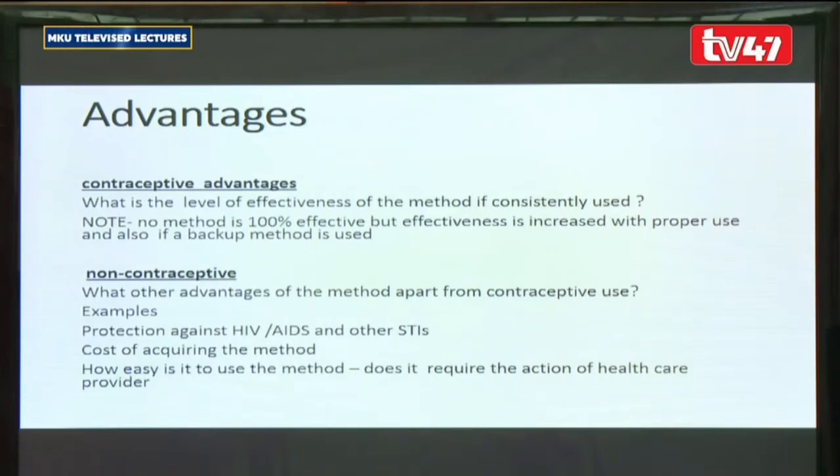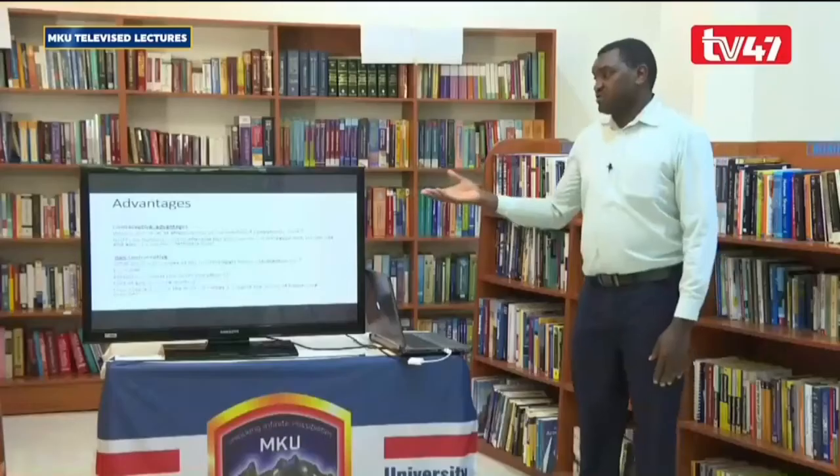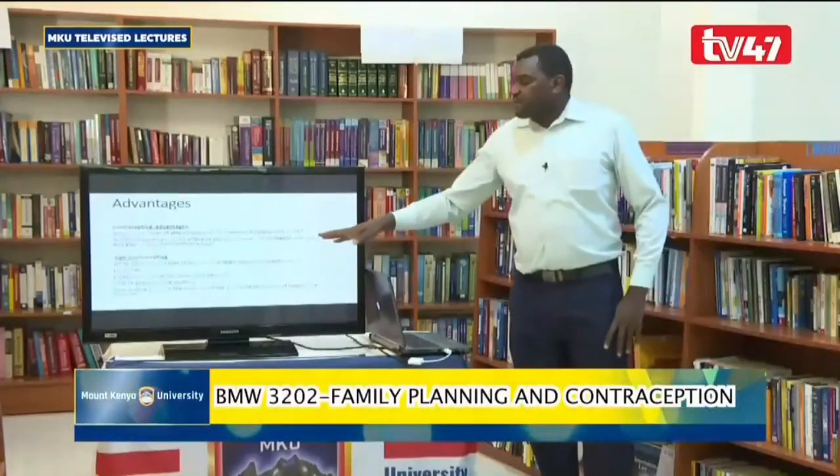This is very important when you are giving the client information: no method is 100% effective. So a client can get pregnant even if she is using any family planning method. It is good for them to understand that effectiveness may only be increased if, one, there is consistent use of the method, and two, there is a backup.